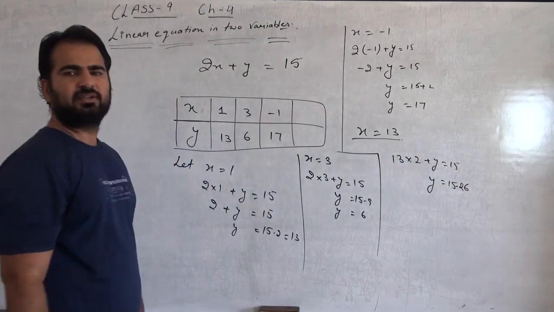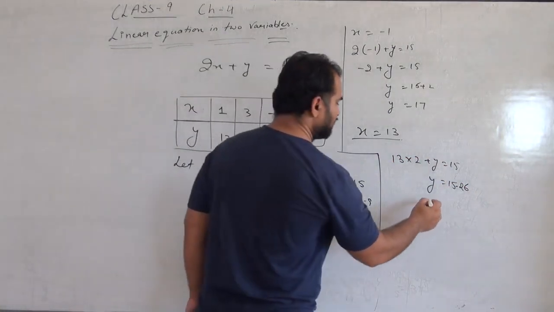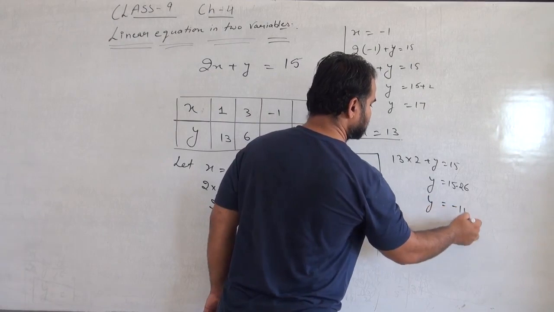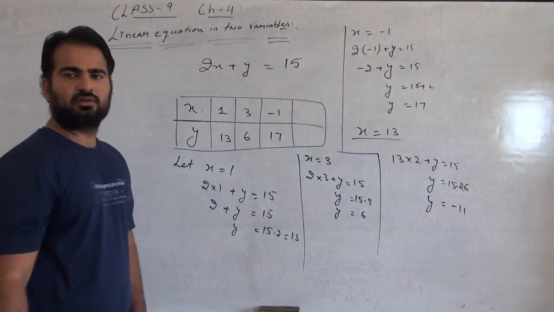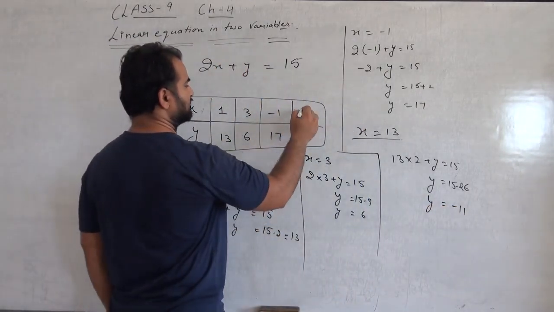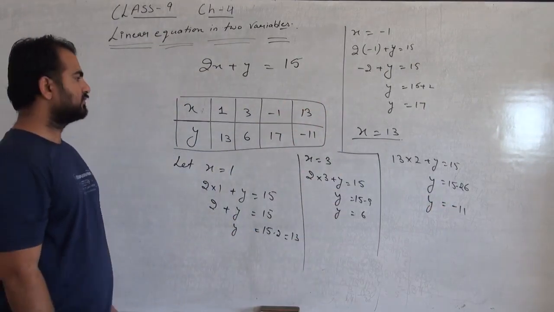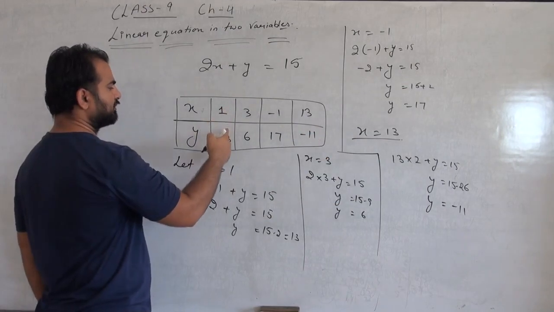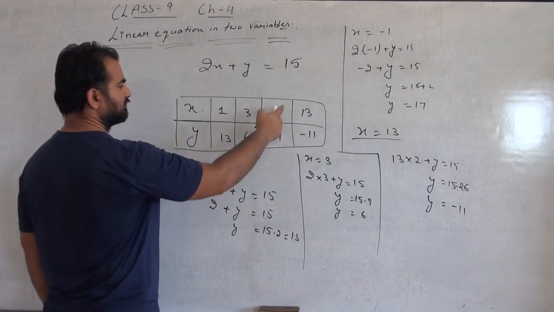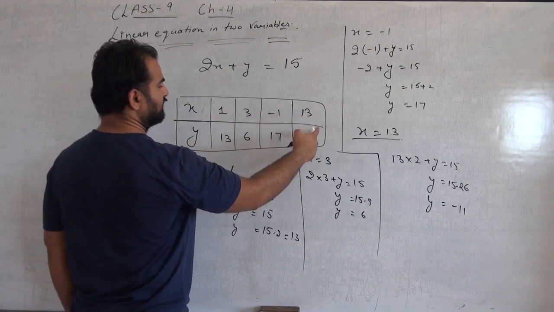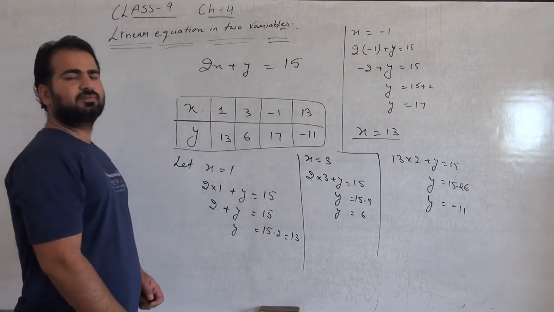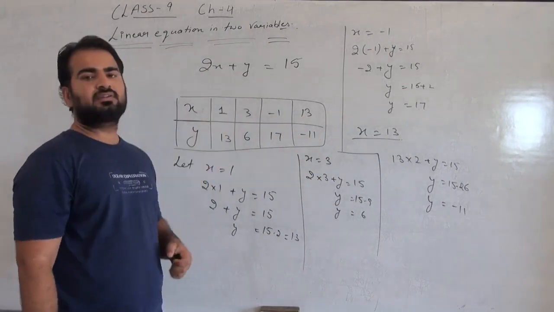So y will be minus 11. If x equals to 13, y equals to minus 11. So the coordinates will be 1 comma 13, 3 comma 9, minus 1 comma 17 and 13 comma minus 11. These are the four coordinates which will lie on this given line.